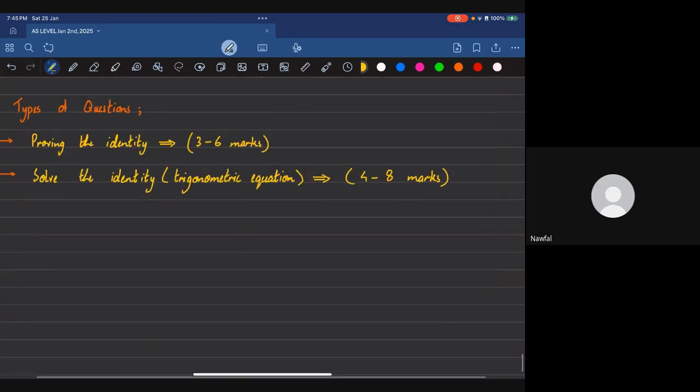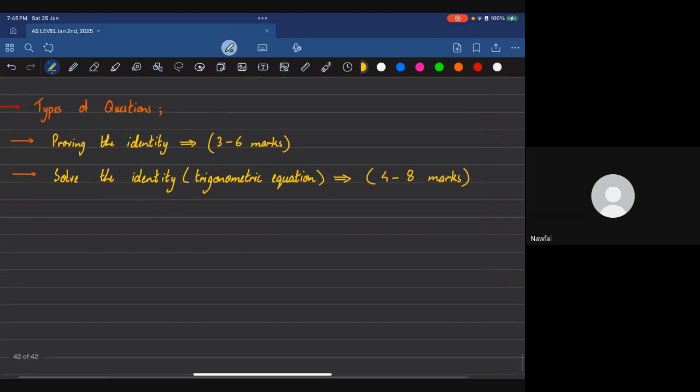Also, a lot of students think that usually this is part A of the question and this is part B of the question. Usually that is the case. Now, a lot of students think that if they cannot prove the identity, they leave the second part as well, which is absolutely wrong. Though he says in the second part, solve the identity, it is still a trigonometric equation that you can easily solve.